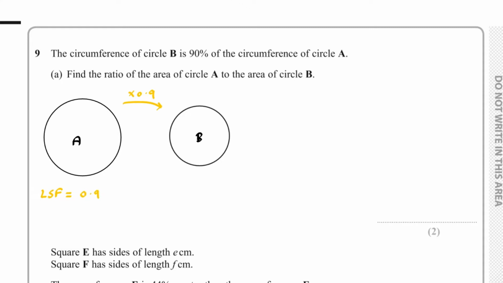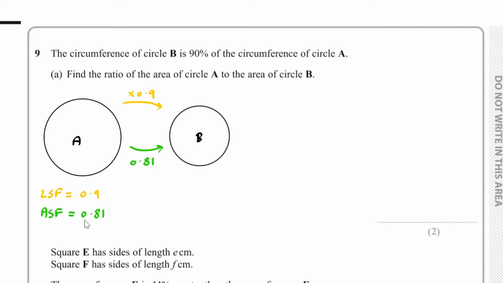And therefore the area scale factor will be the square of 0.9. So the area scale factor is equal to 0.9 squared, which is 0.81. So to go from A to B in terms of an area, we multiply by 0.81.